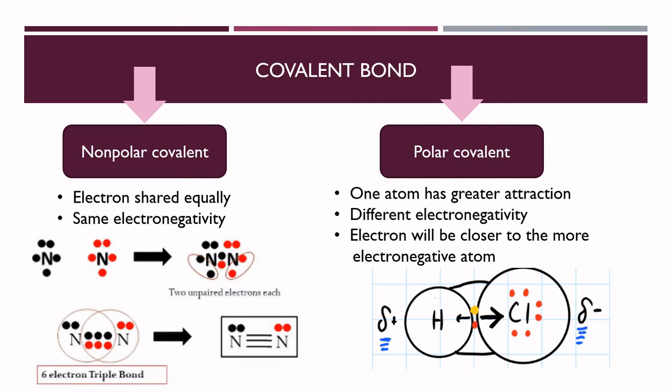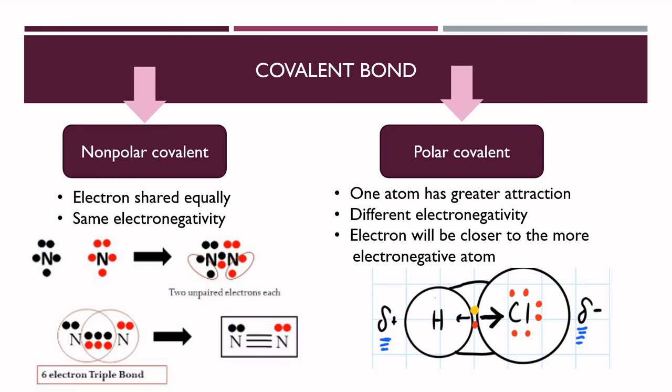For example, if a nitrogen atom shares electrons with another nitrogen atom, you will see two shared electrons in the middle and two unpaired electrons each. To achieve an octet, both nitrogens need to form a triple bond like this. This is what we call non-polar covalent, because both atoms have the same electronegativity.